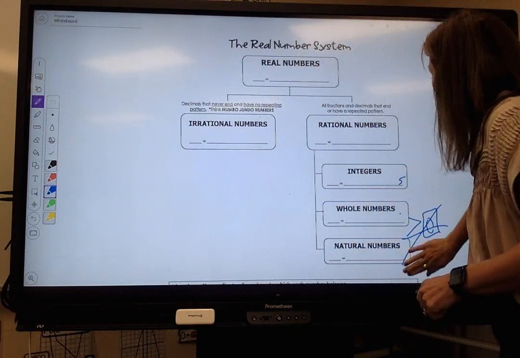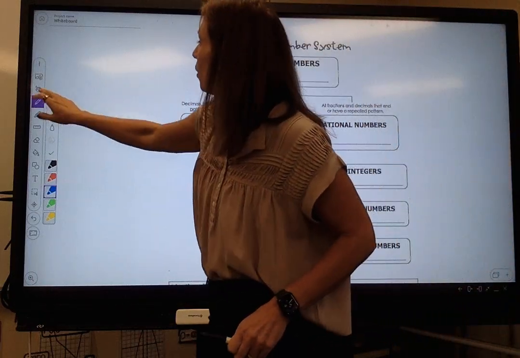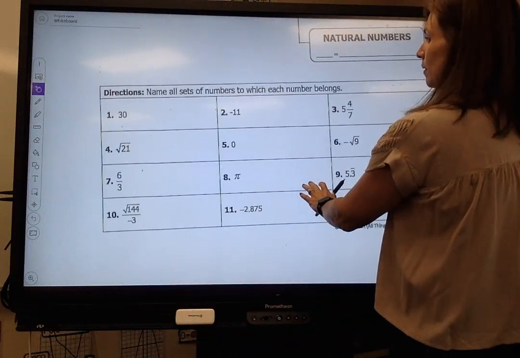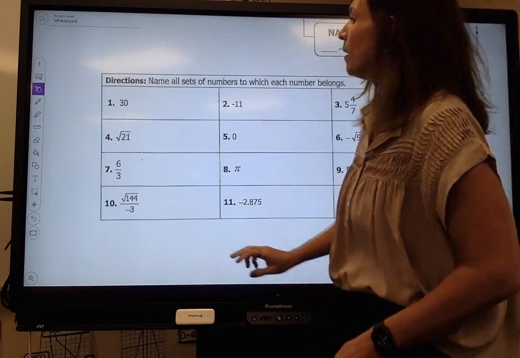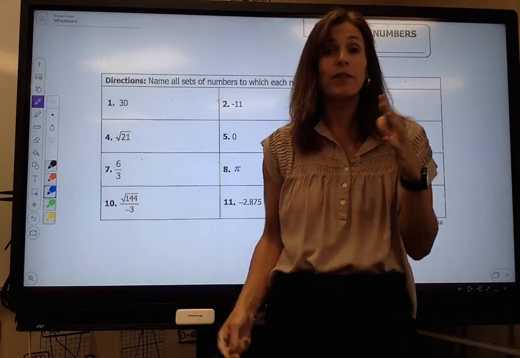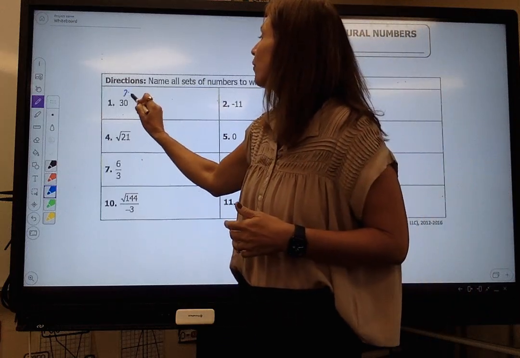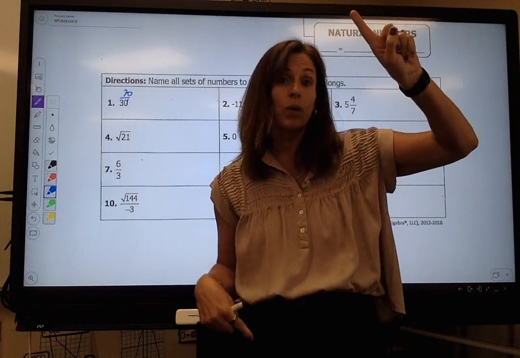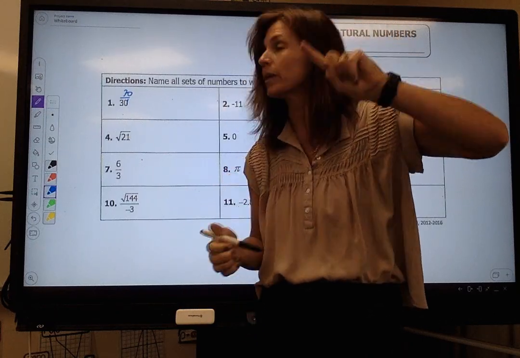So now what we're going to do is look and see, okay, where does it fit in here? All right? So 30. Can I force it to fit the form a over b? I can. 30 over 1. We know we're dealing with the real number system. Every single one of these needs to be R because that's what we're doing in algebra.